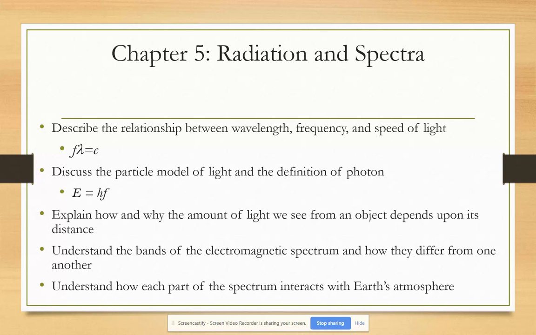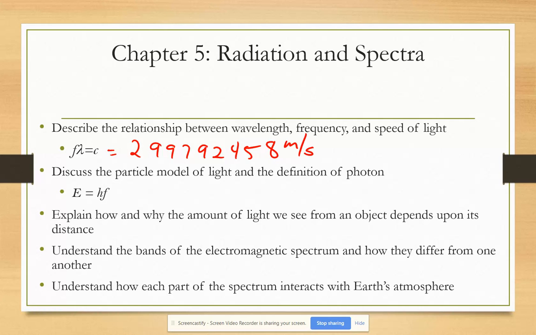We use C for the speed of light in vacuum. So we use V if it's not in vacuum, C if it's in vacuum. And C is equal to a fixed number that you do not have to have memorized. But the speed of light is exactly 299,792,458 meters per second. It's defined as exactly that.